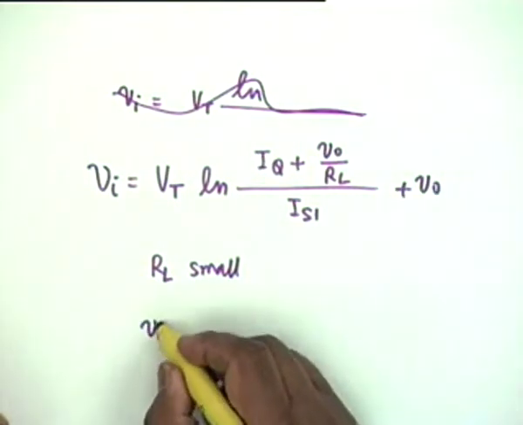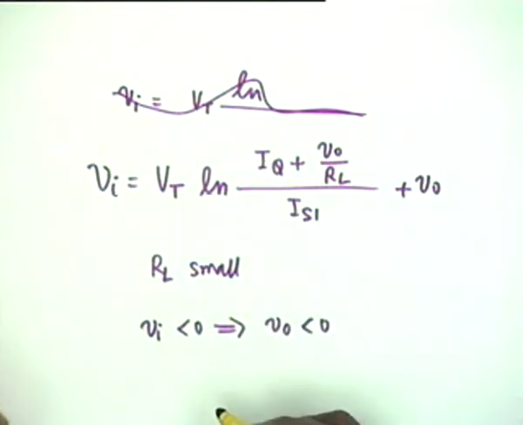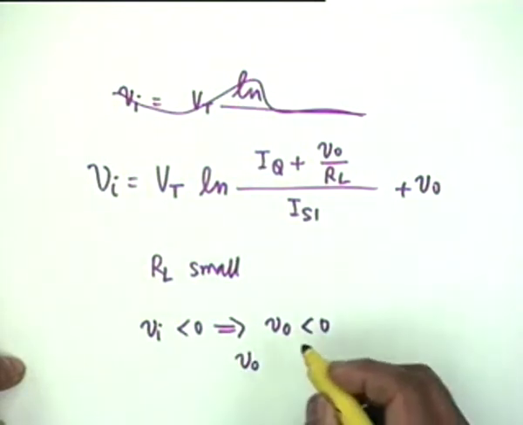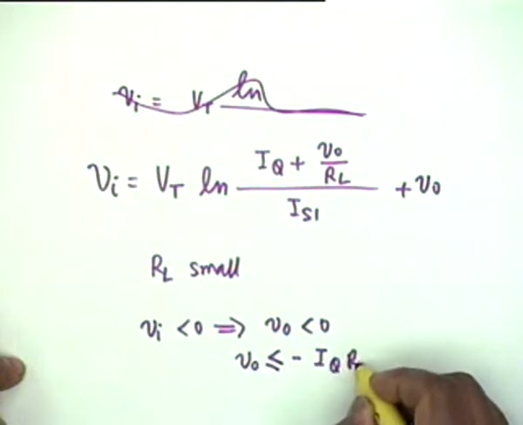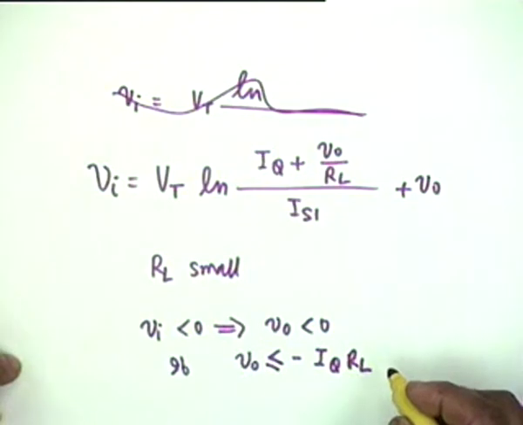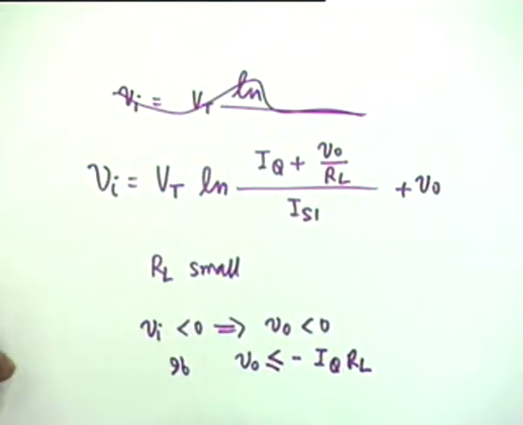So, when Vi is less than 0, V0 is less than 0, and if V0 is less than or equal to minus IQ RL, what will happen? This term cannot be found out.